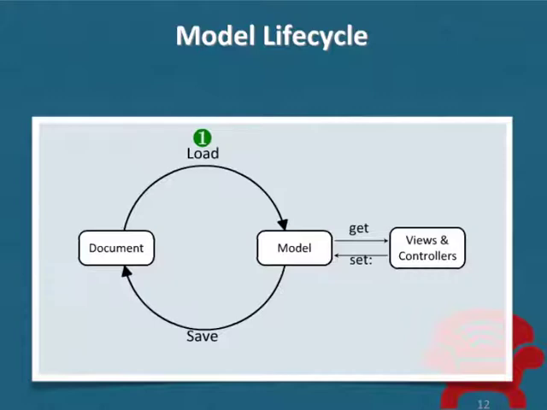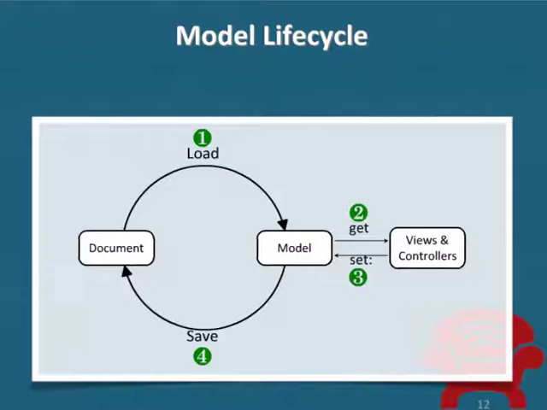Then our views and controllers are going to be accessing properties of this model object to display the UI. Then as the user makes changes, the same views and controllers are going to be pushing changes into the model. And then finally, at some point, you want to save those changes persistently, so the model is going to save itself back out to the document, whatever that is.